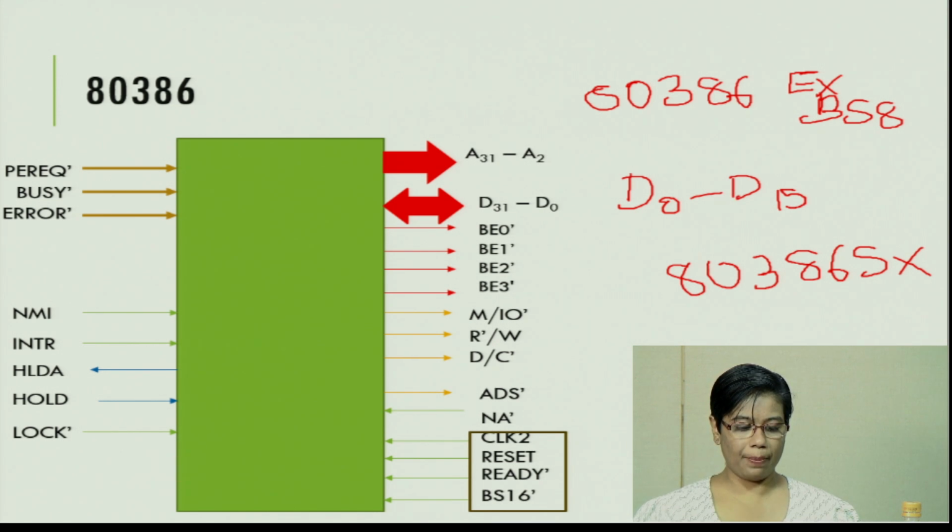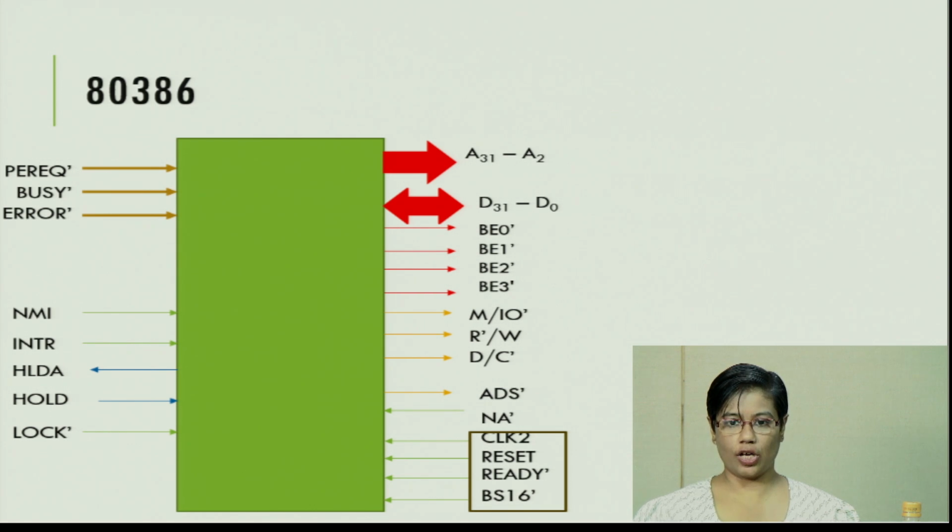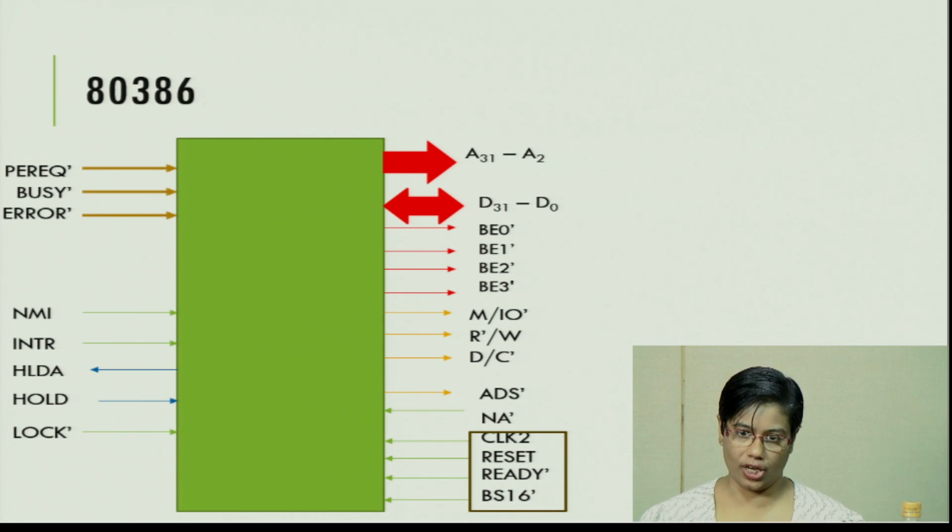So let's get back to the pinout of 80386 and have a look at the other signals which are available, other than the clock, reset and ready. Now similar to 8086 and 80286, 80386 also requires a clock generator.